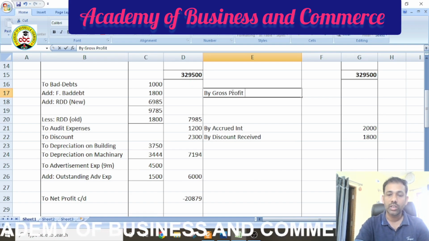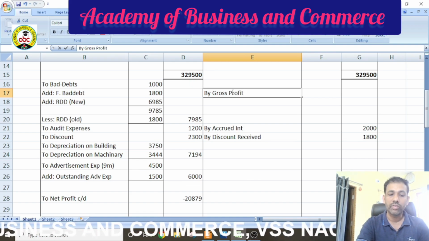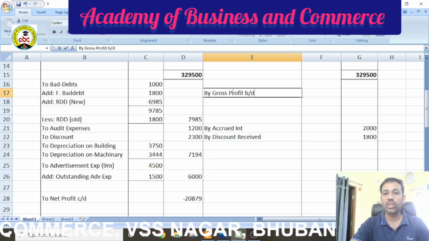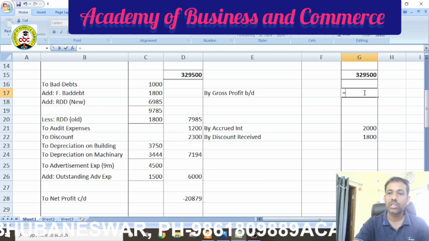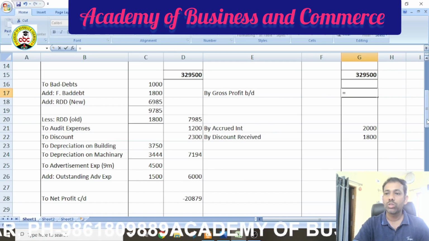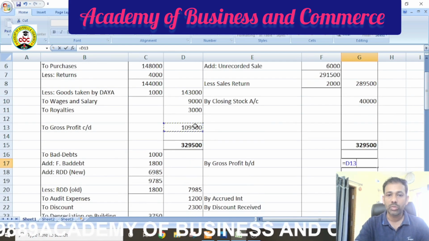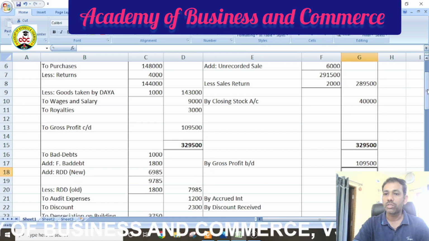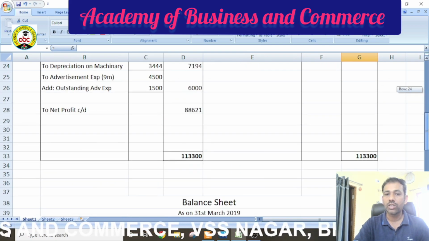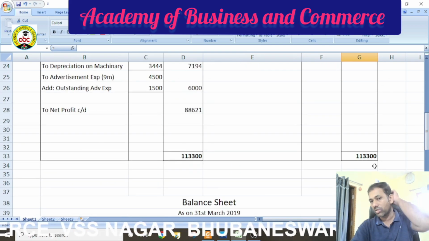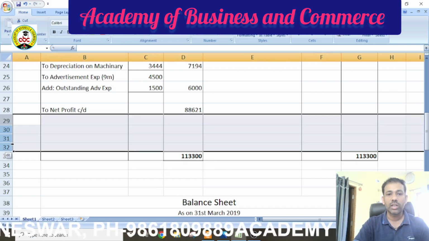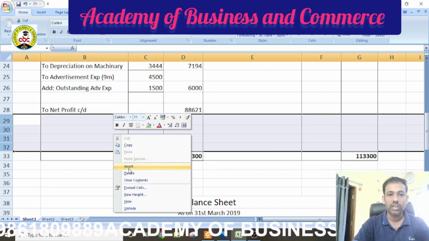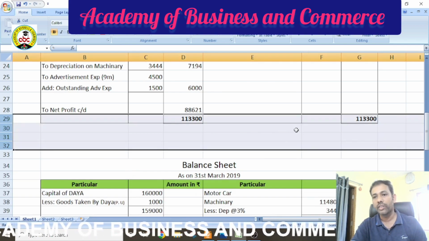Gross profit brought down, which is carried forward from the trading account, you just link like this, equal to, and choose your gross profit amount. Now I have transferred the gross profit and the total figure is 1,13,300, and the debit side grand total is also the same; the extra cell you have to delete.